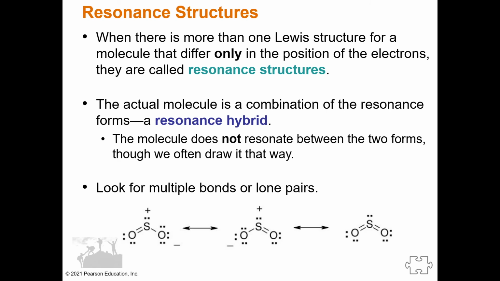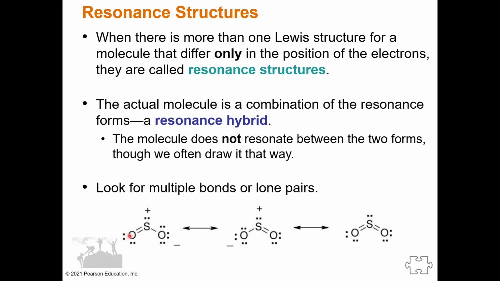We're going to take a look at SO2 again. Several slides back, we only saw one Lewis structure, but here we could see that there are 3 correct Lewis structures for SO2. When you take a look at it very carefully, all 3 of these structures, you could see that the electrons are moving throughout the molecule. The connectivity of these atoms remains the same. So sulfur is still the central atom.